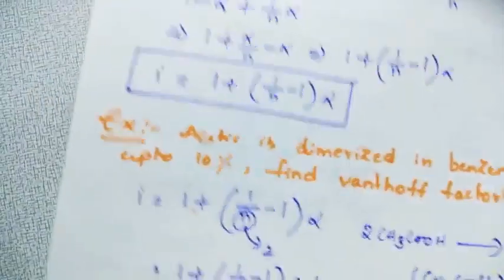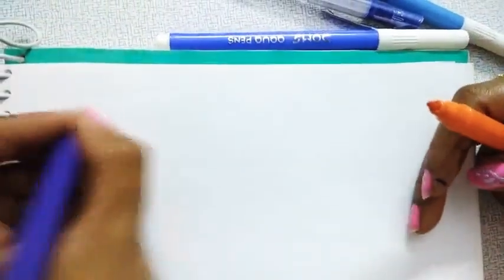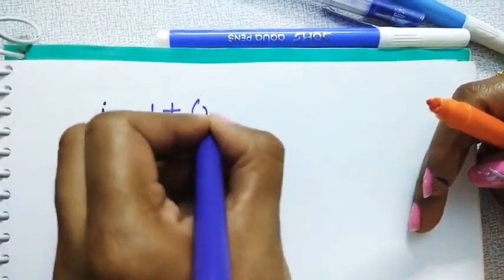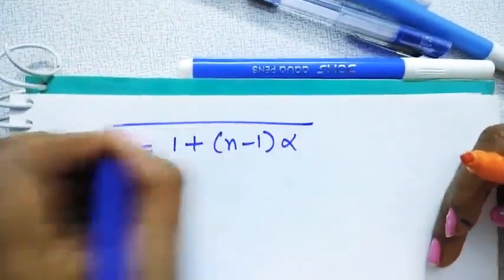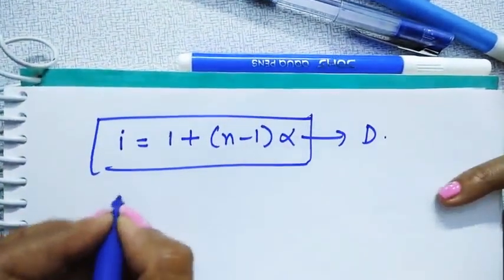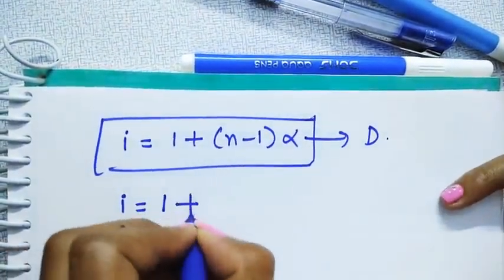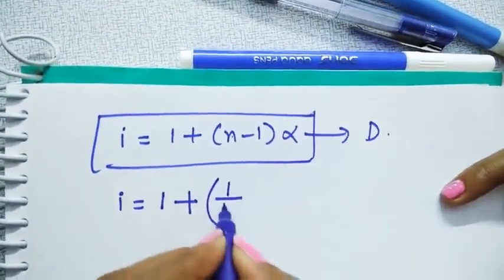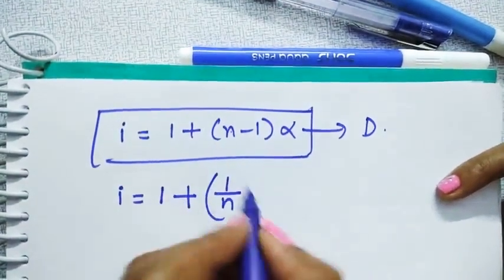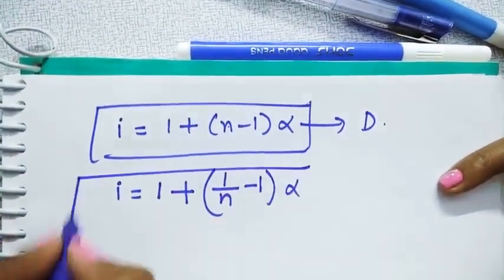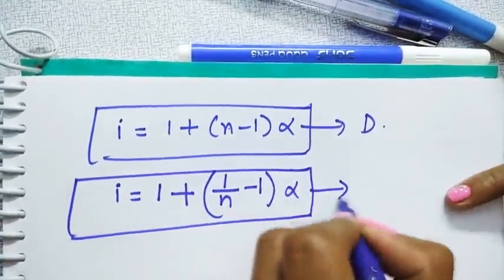Now let us see the summary, which is very important, students. Easy to remember. i is equal to 1 + (n - 1) alpha. This is for dissociation. And for association, in this n place you take 1 by n: i = 1 + (1/n - 1) alpha.